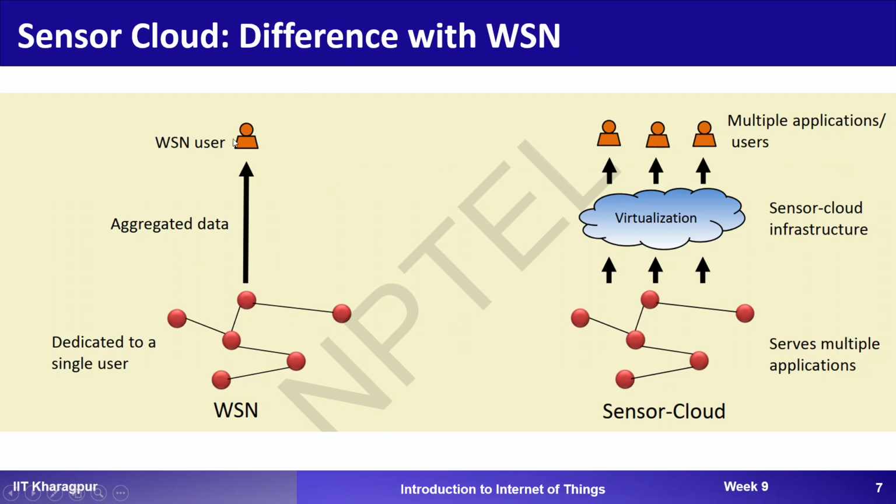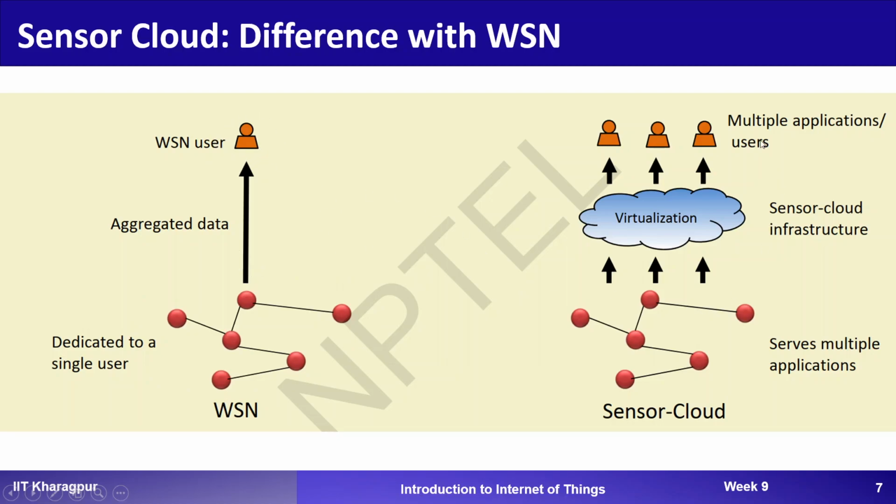See, this figure is showing the difference between your conventional wireless sensor network and your sensor cloud. In case of your conventional wireless sensor network, there is a set of sensors whose data are used by the wireless sensor user.